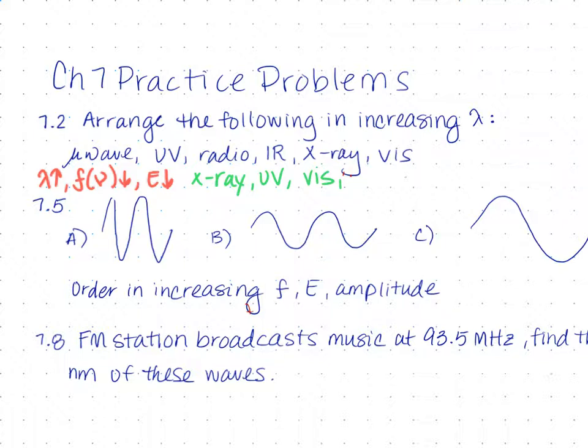After visible light would come IR, infrared. After IR would be microwave. And last but not least, the longest wavelength of these 6 and the lowest energy would be radio.